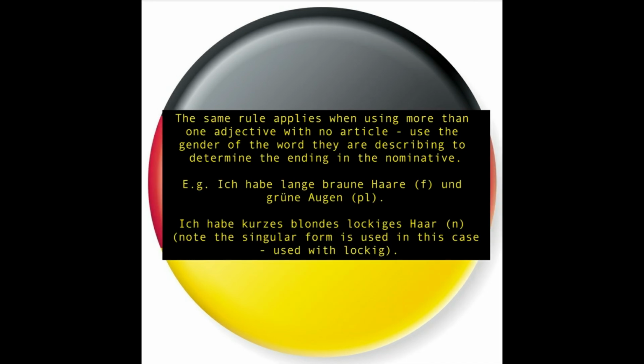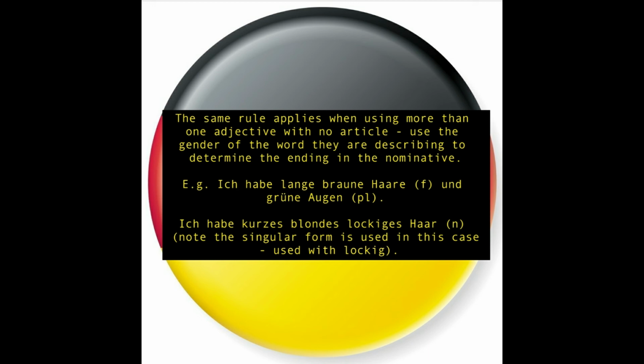The same rule applies when using more than one adjective with no article. You use the gender of the word that they are describing to determine their ending in the nominative. For example, Ich habe lange braune Haare.